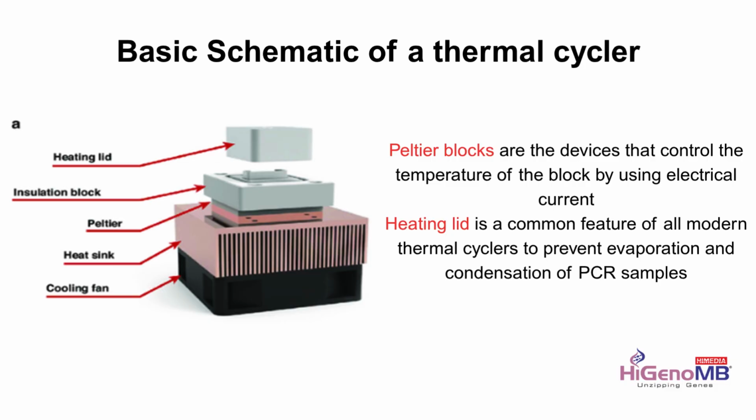Apart from this, you have an important component in the thermal cycler which is called the heating lid. I have been telling you that PCR is carried out at varying temperatures. The highest temperature it reaches is up to 95 degrees. You all know what happens when a liquid is heated to a very high temperature. It evaporates. So if your reaction evaporates, what will we be able to see at the end of the reaction? Nothing, right?